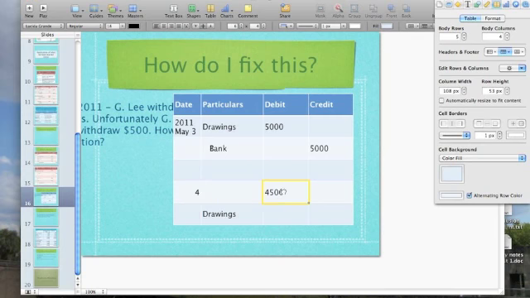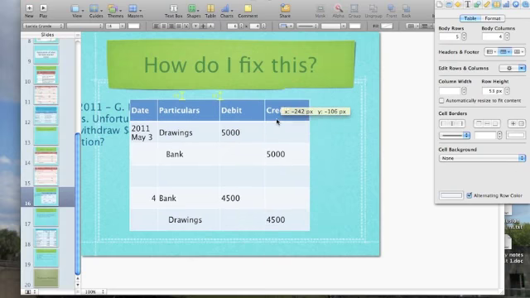He debited the bank $4,500. And there you have it. Your answer.